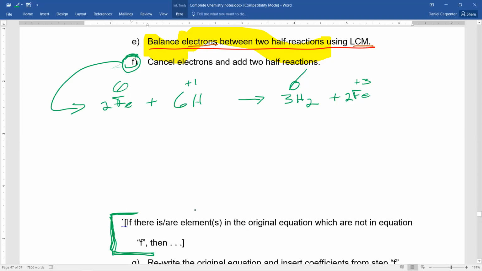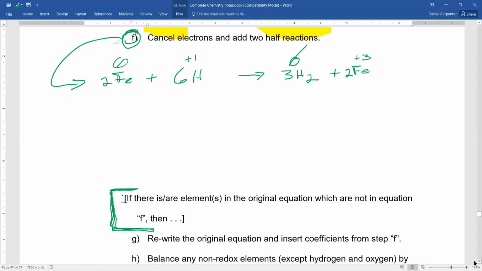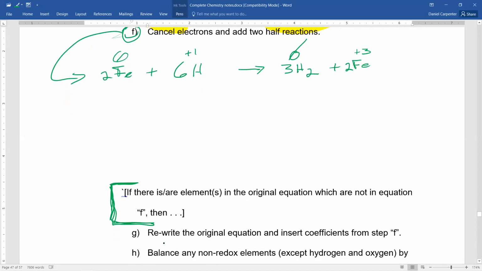Was there anything in the original equation that I have not written here? And the answer is yes. There was Cl. So since there's more that I haven't accounted for, I have to rewrite the original equation and insert the coefficients from step F.